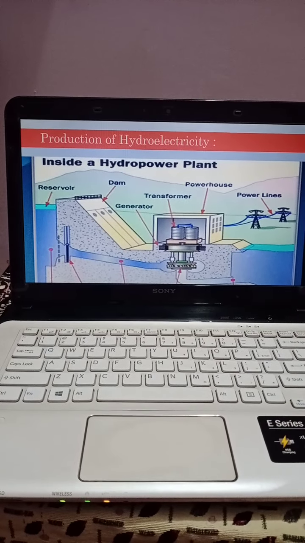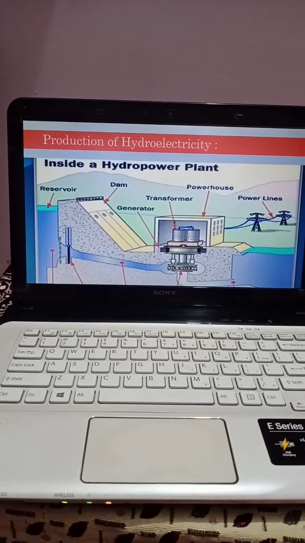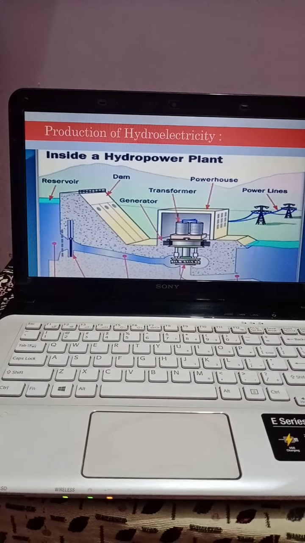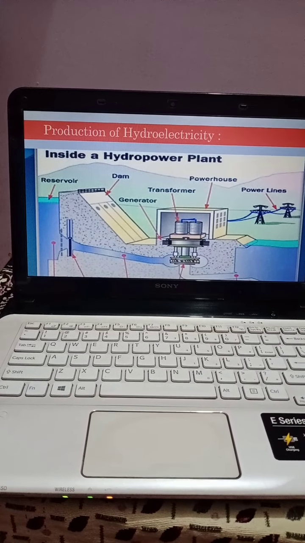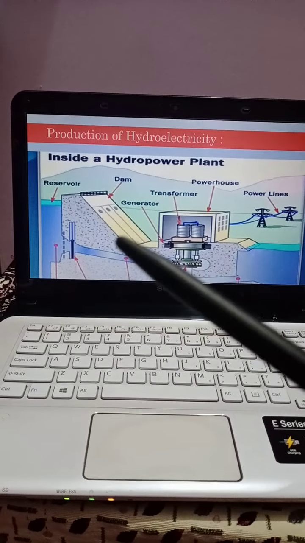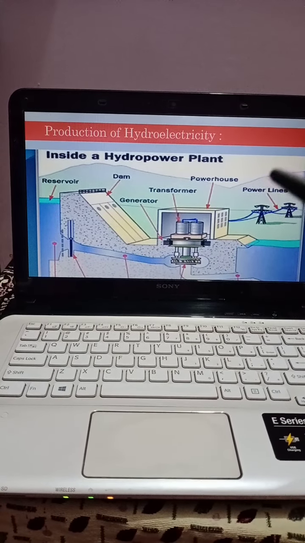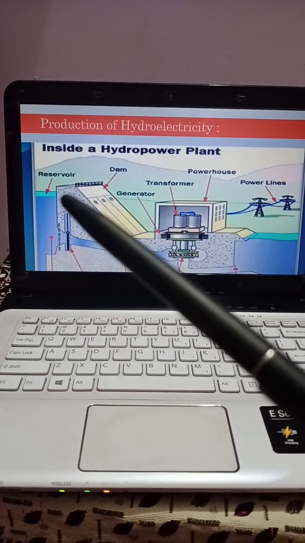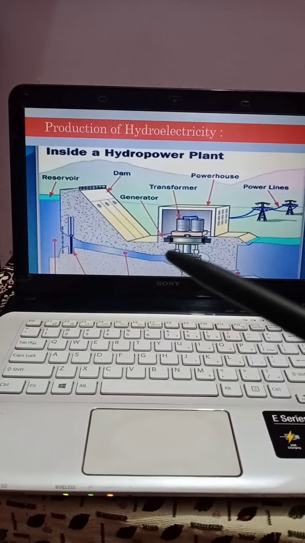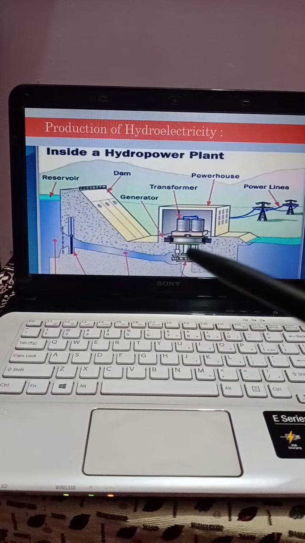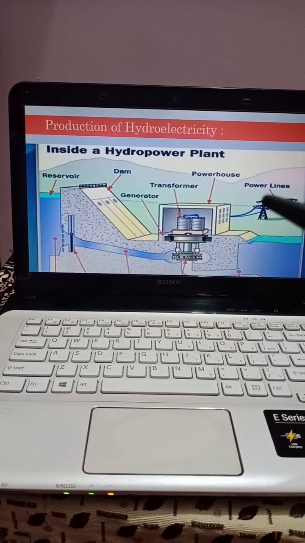So here you can see the different transformations of energy for the water, from potential to kinetic, and kinetic to electrical energy. In all these different conversions, there is no loss or no gain in the energy.